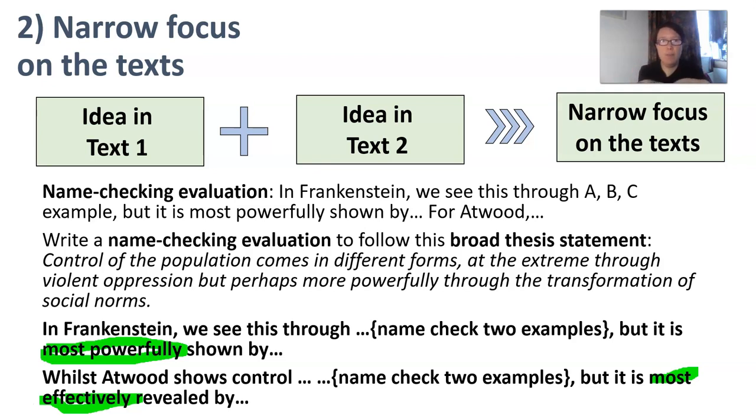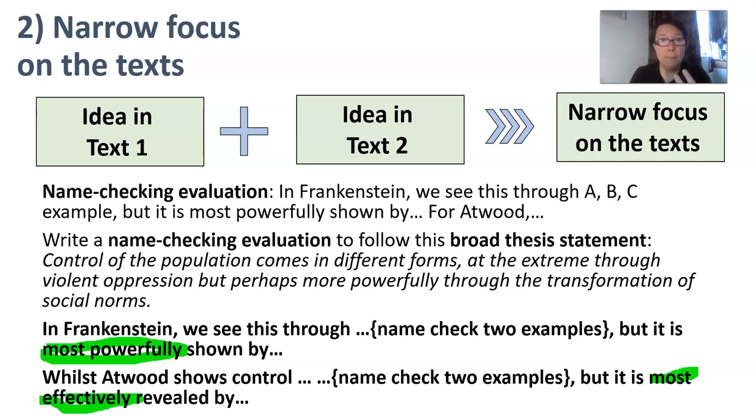And it's shown in so many different ways because otherwise I wouldn't have come up with it as an idea. I've not chosen to talk about something really niche. I've chosen to talk about something that's really important and big. But whilst I recognise that all of these examples exist, here's the most important one. So the example that I've said here is, in Frankenstein, we see this through, and then you give 3 examples or 2 examples, A, B, C example.